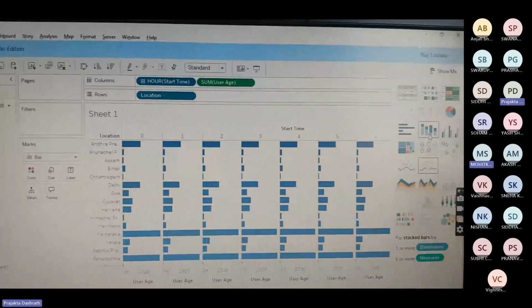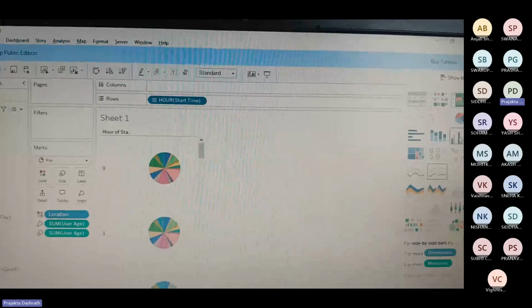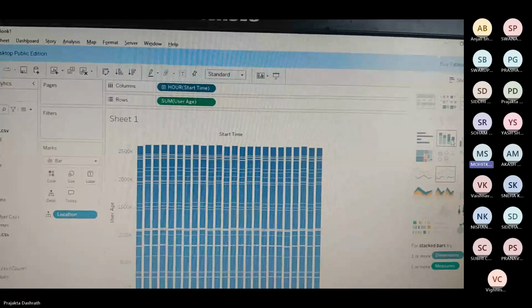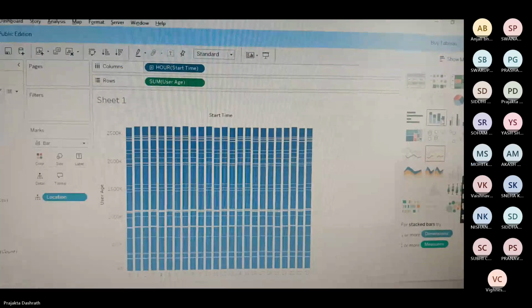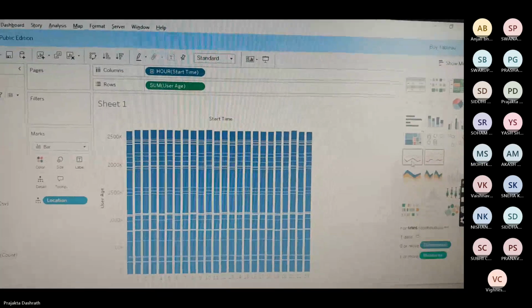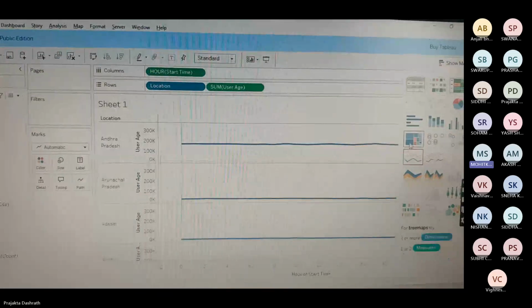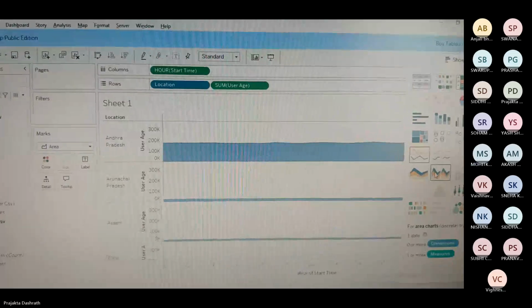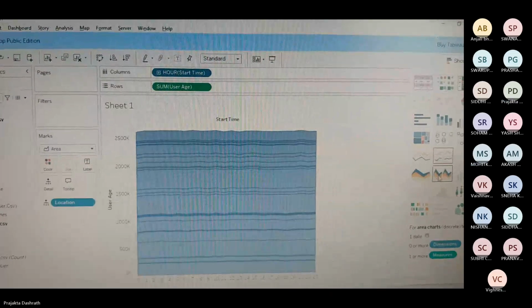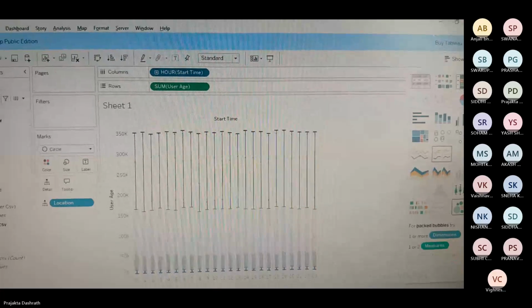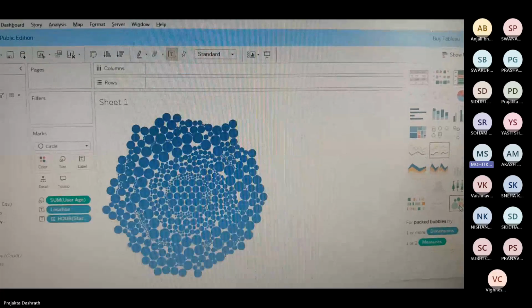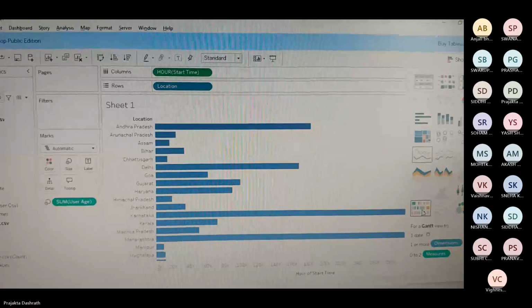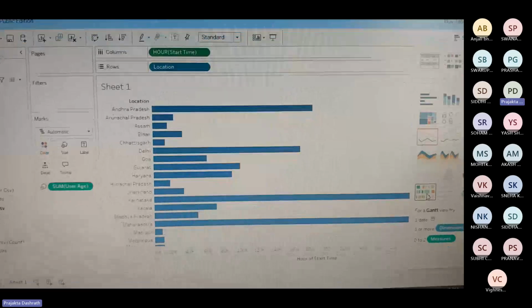Stacked bar. One girl said stacked bar. Is it suitable? No, no. Will this be suitable?